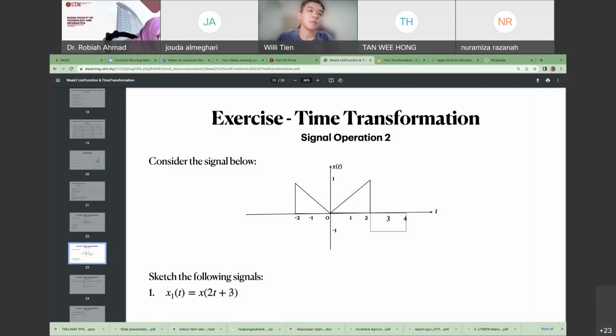So maybe you can try both. You do the scaling first and then the shifting, or the shifting and then the scaling. Okay, first page, what is the name? Name please.